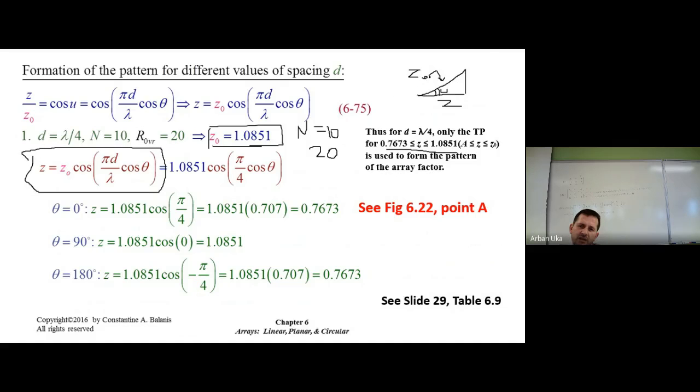Really, Z0 is like a hypotenuse, as we try to draw here, and this one is in fact Z0 times Z over Z0.